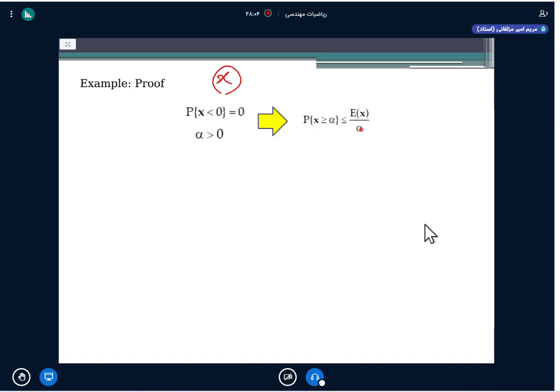We want to prove this inequality. Let's start to prove this inequality. Let's start with the definition of E[X]. We write the definition of the expectation of X. We know that the expectation of X is equal to this.